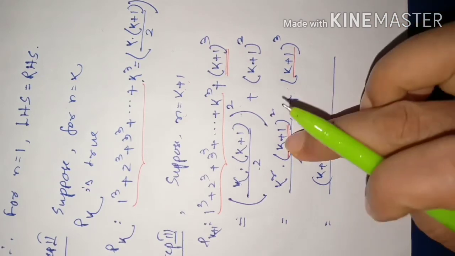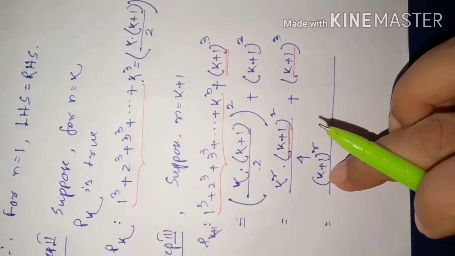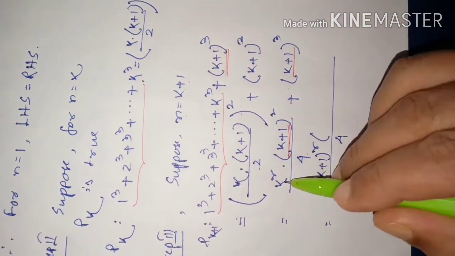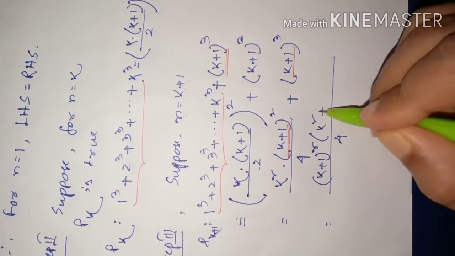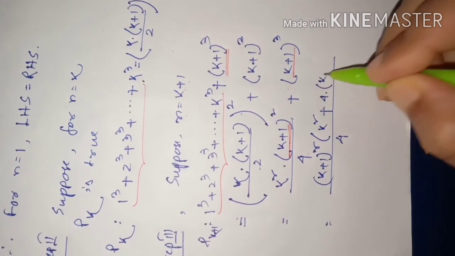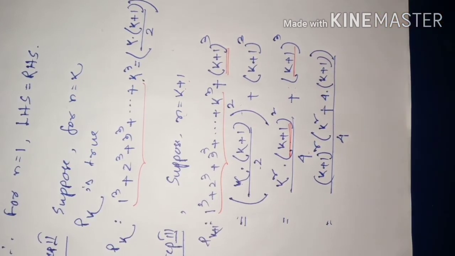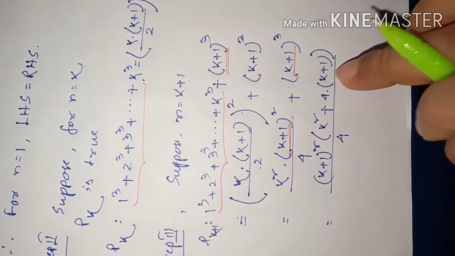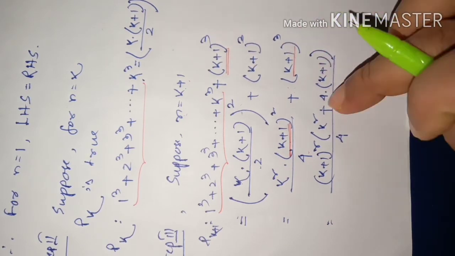So k plus 1 whole square will be common, here power 3. So in bracket what we will have? k square plus 4 into k plus 1. Understand? Means k plus 1 whole square into k square, this term. k plus 1 whole square into k plus 1, k plus 1 whole into 4.